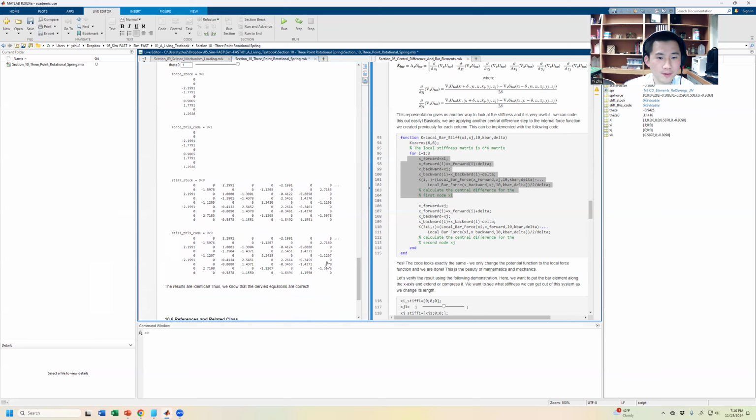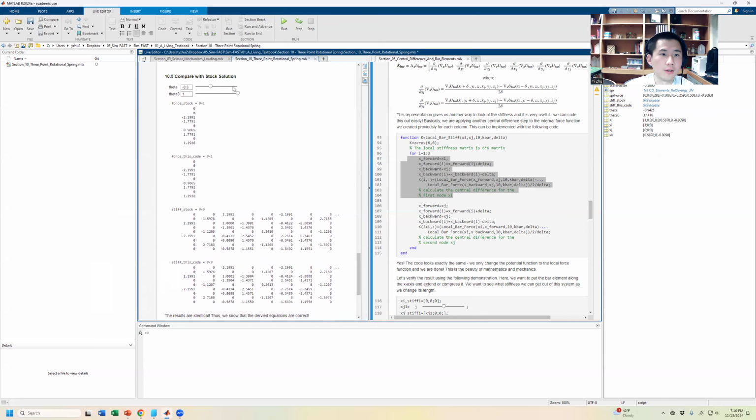And the stiffness, if you compare them, is also identical, right? So they're showing the same result. Now if I change everything to 1 and 1, my force is 0. That's expected because if my current angle matches the stress-free angle, there shall be no forces developed.